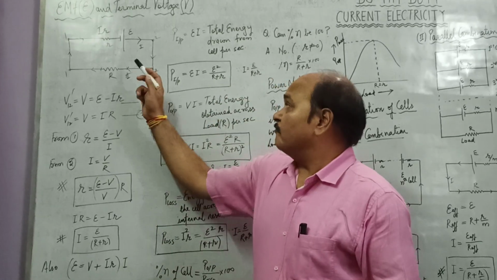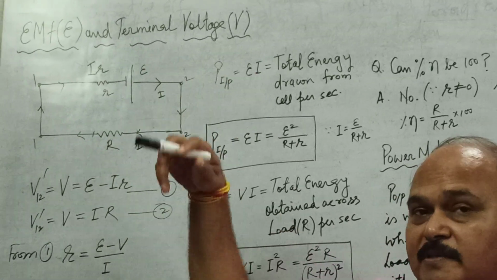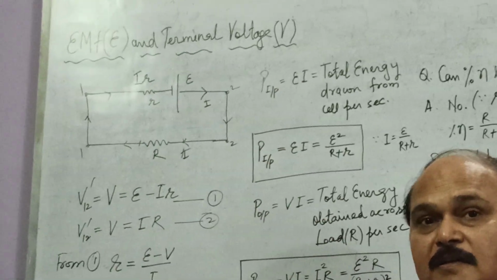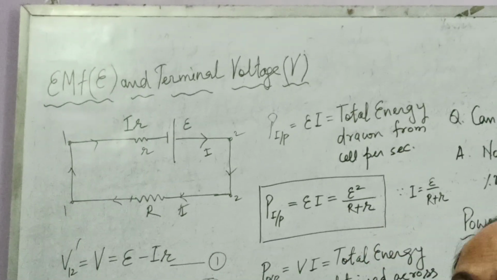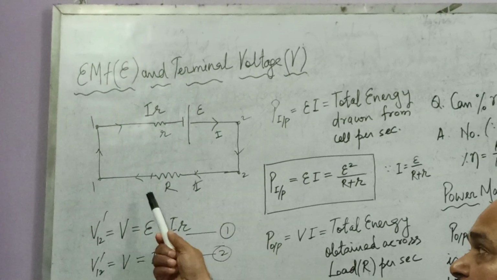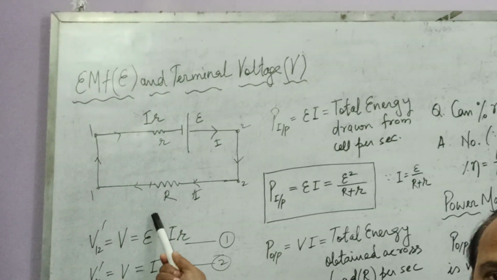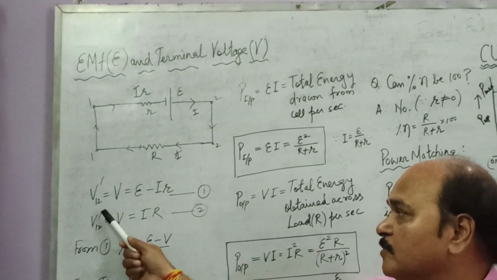Well, when current is drawn from the cell, potential difference across the terminals of the cell is slightly lesser, and this slightly lesser value when the terminals of the cell are closed using this load, or when current is drawn from the cell, is called terminal voltage.